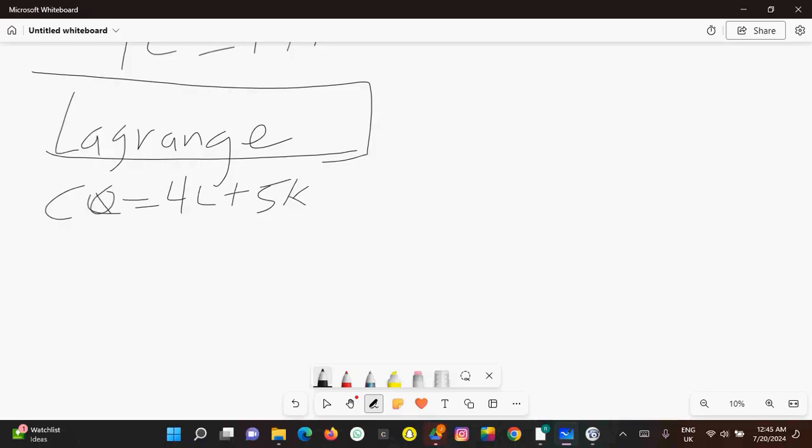Remember, right? 4L, the 4 here is W, and then the 5 here is R, right? And then that's our total cost function. And then our production function is equal to L raised to 0.5 plus K raised to 0.5.